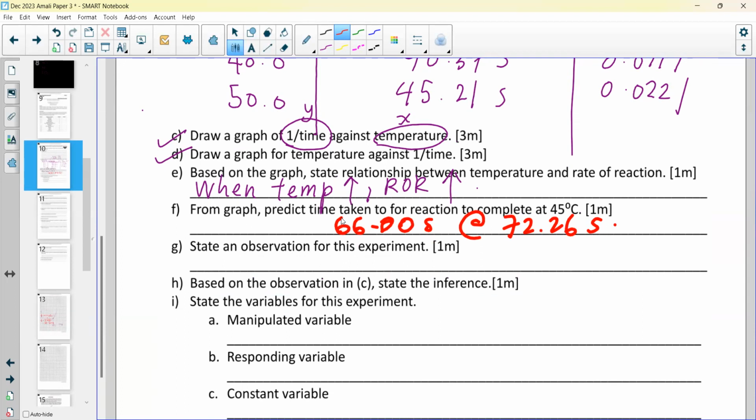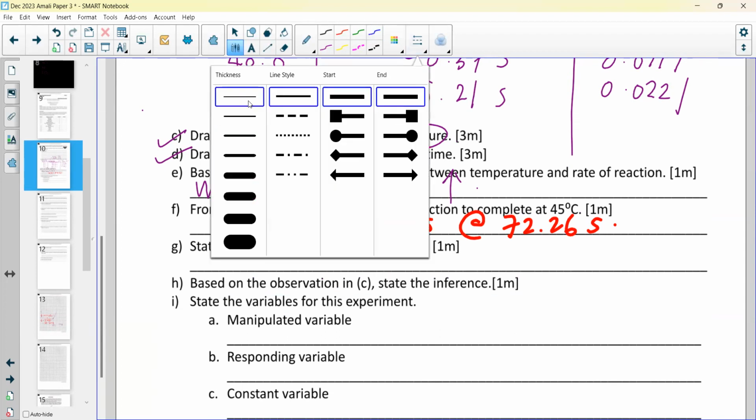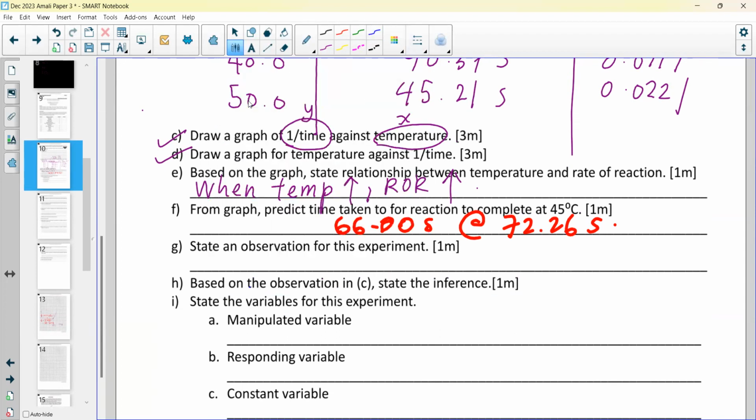Part G. State the observations for this experiment. What do you think will be the observations for this experiment? Colorless gas bubbles are released. Can? Next, Isaac, I want the manipulated variable. What is that?